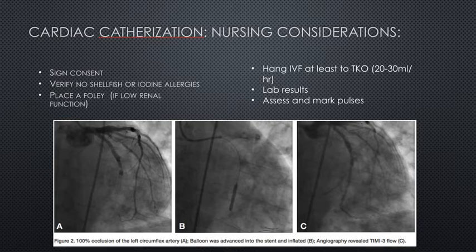All patients are going to have IV fluids hanging at least to TKO. We're going to have lab results back and on the chart. So that's going to be your cardiac markers, probably a CBC, clotting factors, and a metabolic panel. And then, like I mentioned, we're going to assess and mark the pulses so they can be easily reassessed after the procedure.